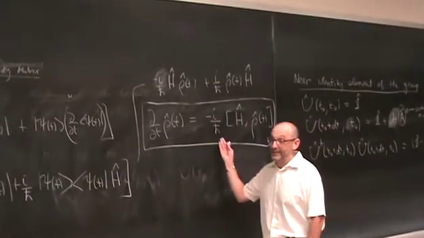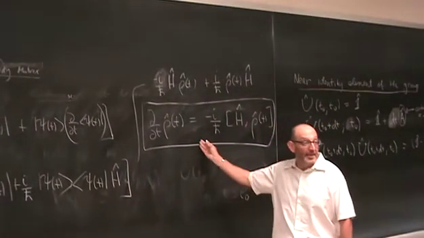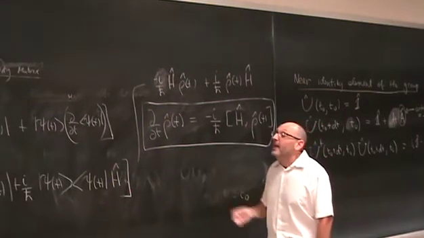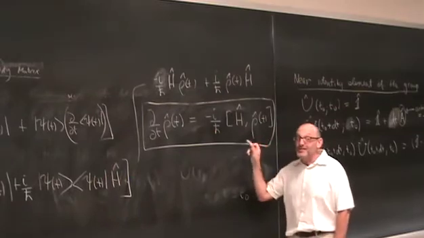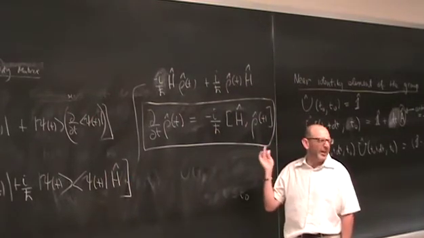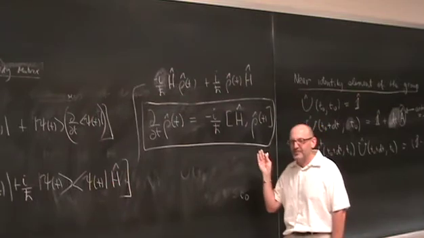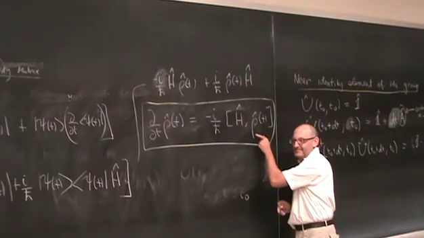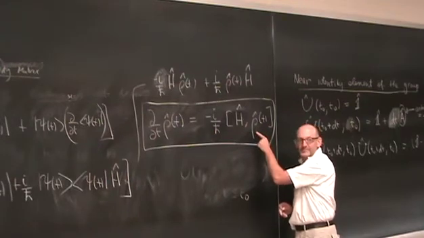This preserves the purity, preserves the entropy, because it's unitary. Note, this is not the Heisenberg equation of motion. Maybe you've seen that before, the Heisenberg picture. We're going to talk about that next lecture. This is the state, and the state evolves.